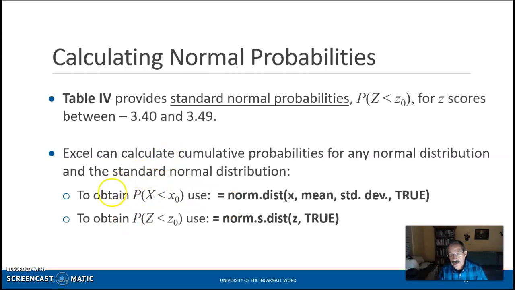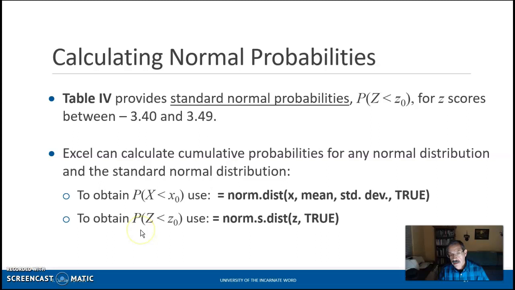So if you would like to use Excel to calculate the probability to the left of some x value of the random variable x, then you will use the formula equal norm.dist, where you enter the x sub 0 value, the mean and the standard deviation of the distribution of x, and then true to calculate the cumulative probability.